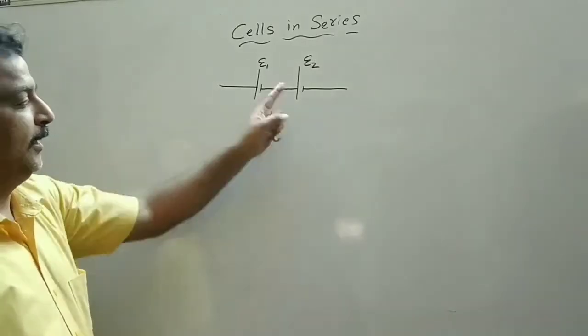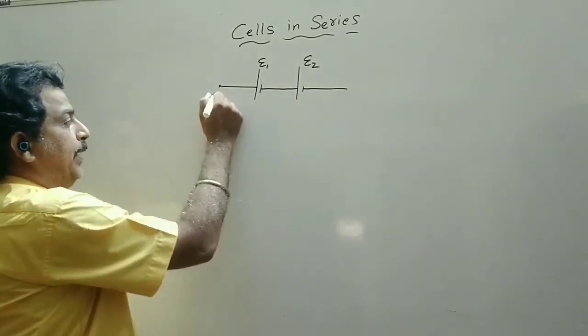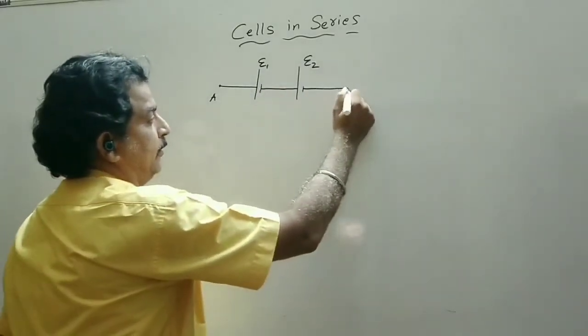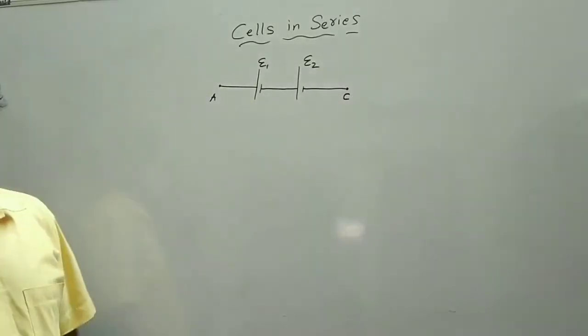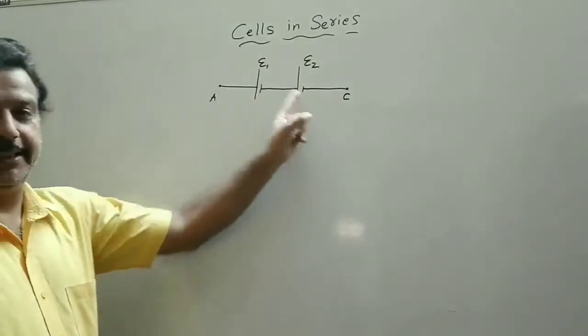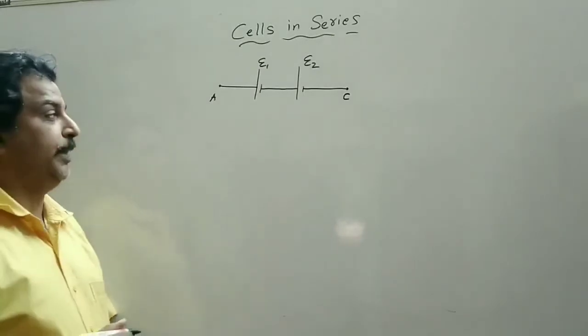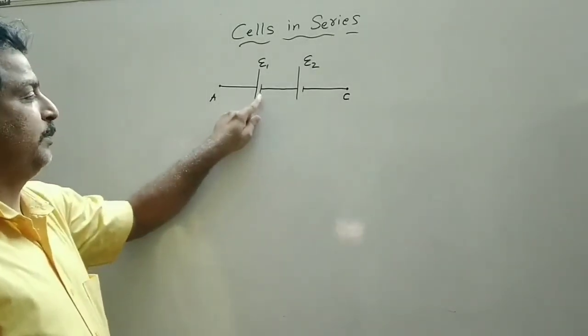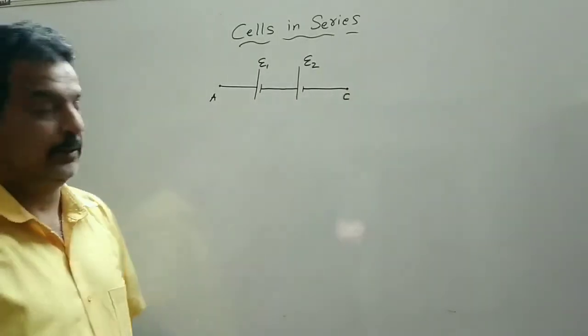They are connected in series between say point A and C. The cells are connected in helping condition. Helping condition means plus minus plus minus plus minus.